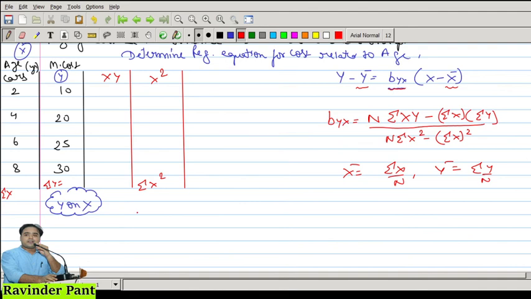Yes, sir. Okay, so suppose this equation is this, y minus y bar कितना आ रहा है, 10 plus 20, 30, 30 plus 30, 60 plus 25, 85, 85 divided by 4.